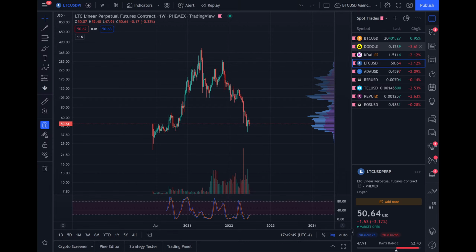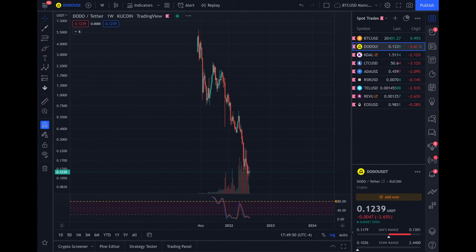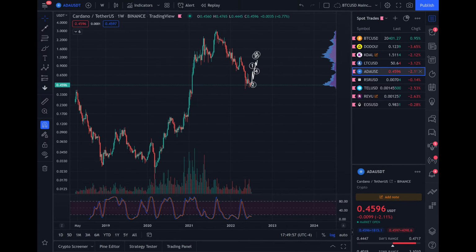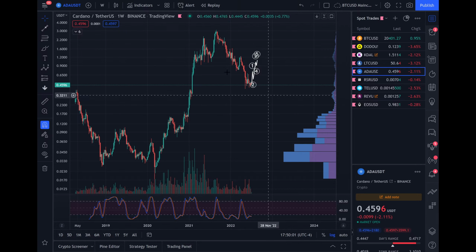I also have a very small position on Dodo on 3x leverage. I have 12x leverage on Cardano, but my liquidation point's all the way down here somewhere. But you have to be careful. Anyway, they do not represent the majority of my positions.